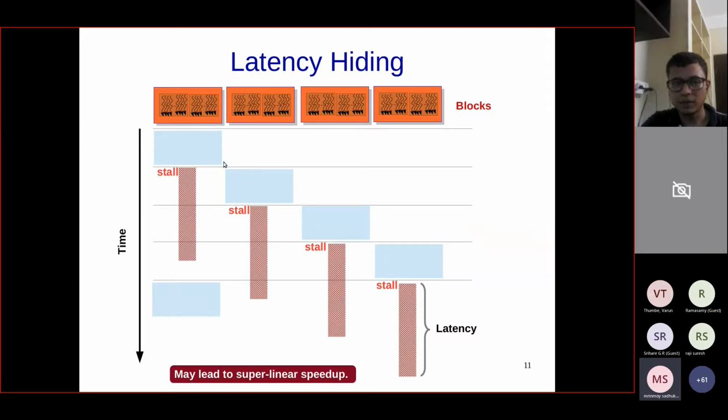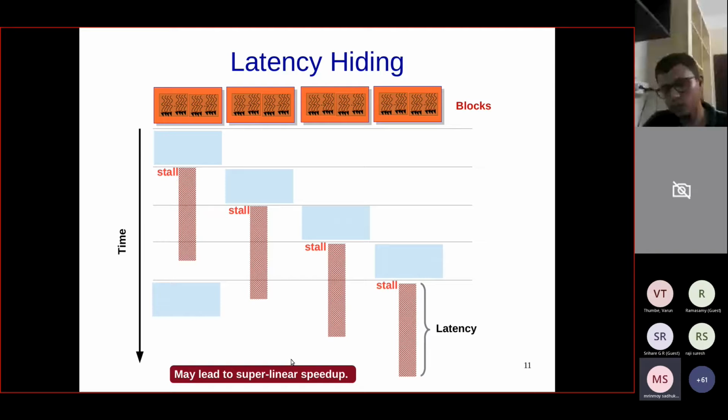If one thread block goes for IO after doing some chunk of computation, then that streaming multiprocessor can pick up another thread block and start executing it on its cores. So that is the advantage of latency hiding. And one point that you should observe is that executing in this manner can lead to superlinear speedup.